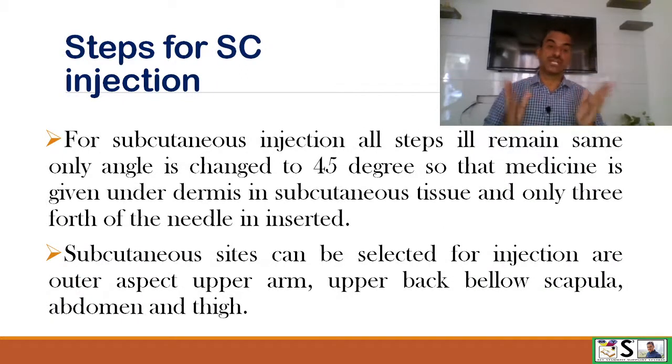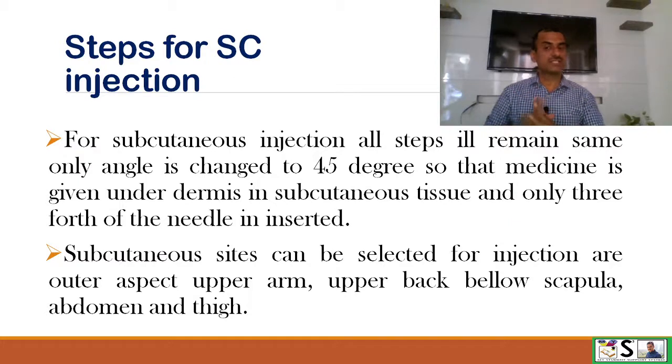Now we come to the steps for subcutaneous injection. For example, the same subcutaneous injection we can give in vaccinations. That is the best example. So for subcutaneous injection, all steps remain the same. Only the angle is changed while giving the vaccine or injection.